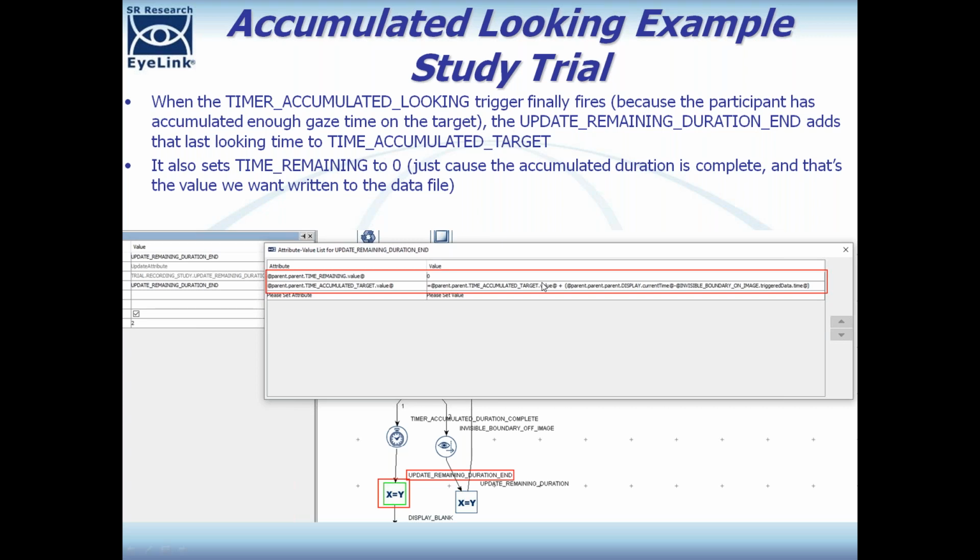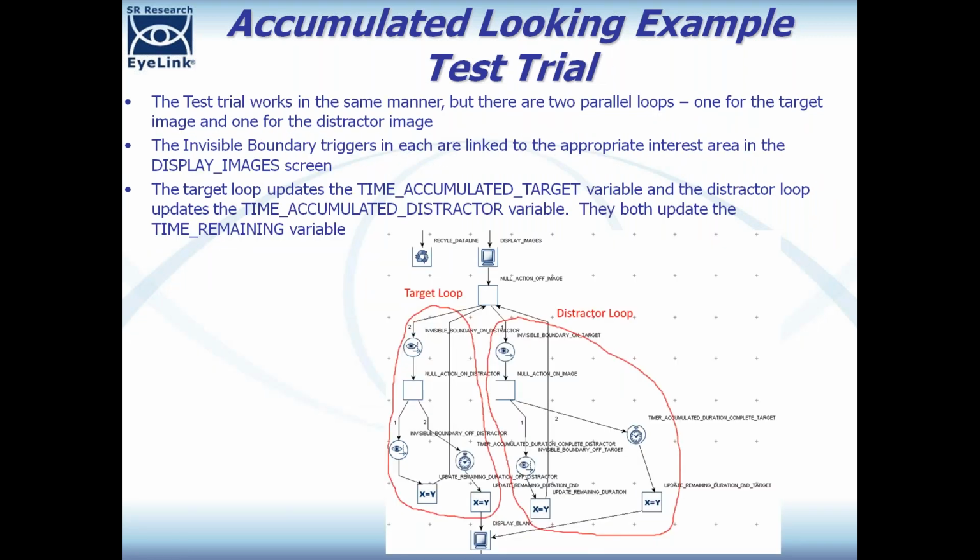Okay, so that's how the accumulated looking works, and that's for the study trials. For the test trials, it's really the exact same concept. It's just doubled. You have one loop for the target and one loop for the distractor, and the invisible boundary triggers.